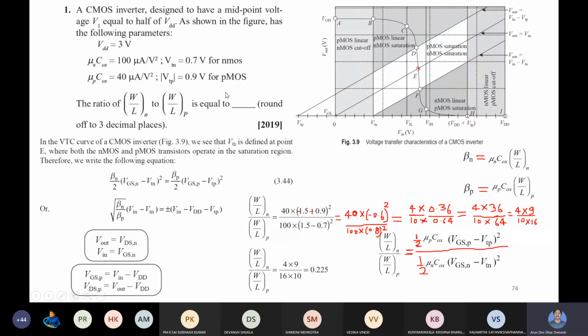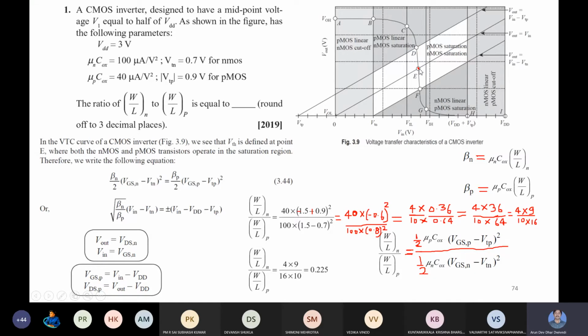So this type of problem has been asked in GATE also. We should understand this characteristic. According to this problem, it is telling the midpoint voltage. If the proper design is done, generally we get the switching threshold voltage at midpoint.